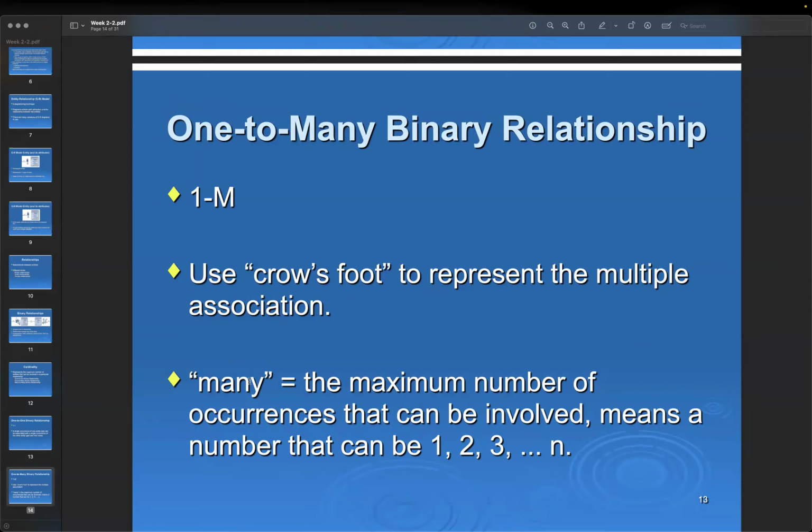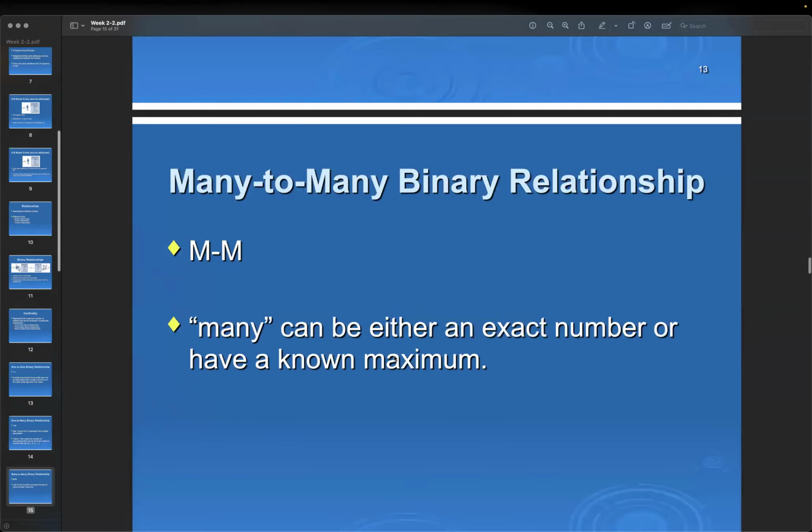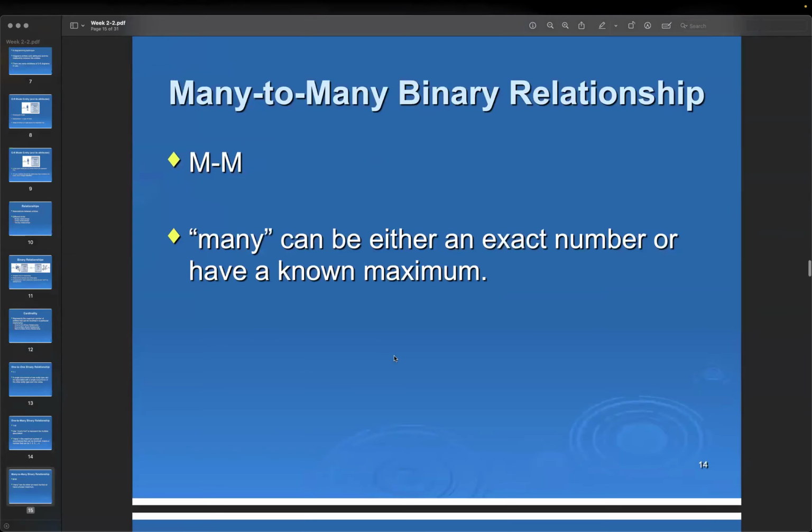To show that it's many, meaning it can be more than one, like 1 to 3 and 2 to n, it's a one-to-many relationship. And of course, from the example you will see a many-to-many binary relationship, meaning each entity can be more than one, so it can be many-to-many.